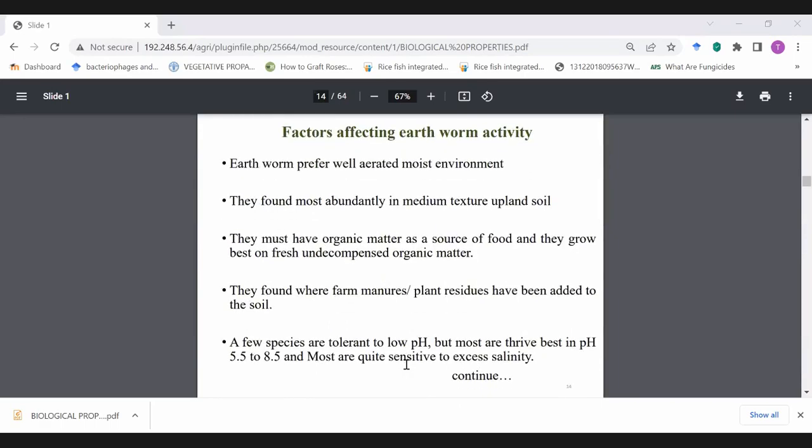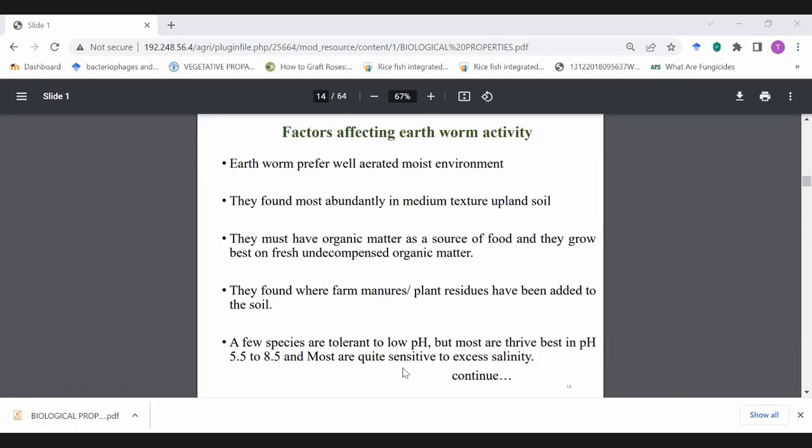Earthworm activities are affected in several ways. First, it prefers a well aerated, moist environment, and it is most abundant in medium texture upland soil.